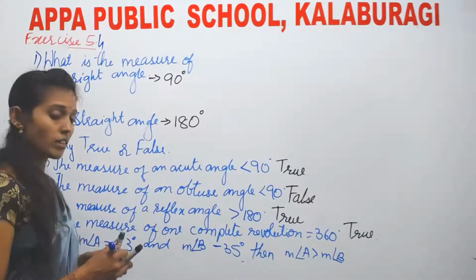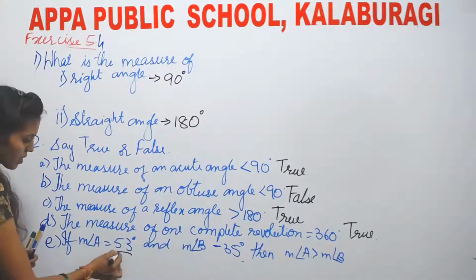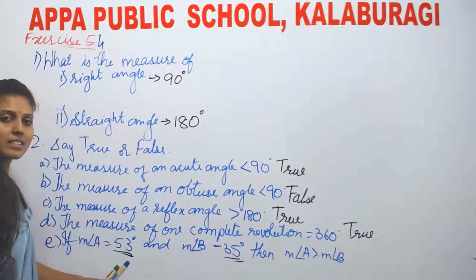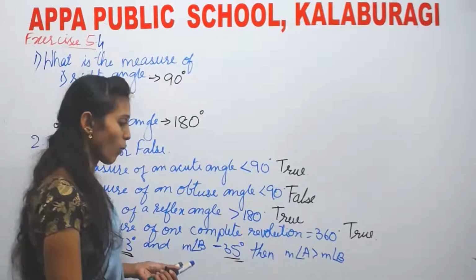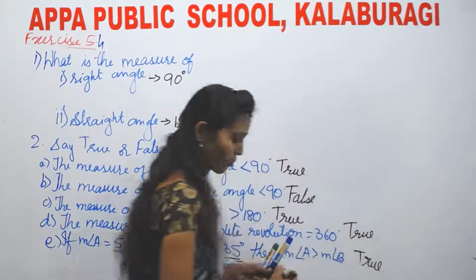They said angle A is 53 degree, angle B is 35 degree. Then obviously angle A is greater than angle B. So therefore, this is also true.